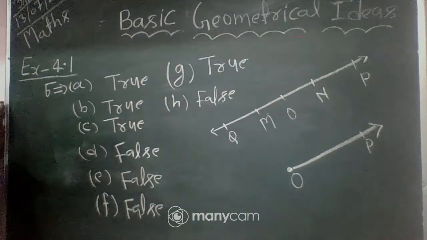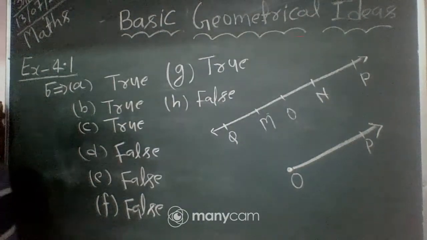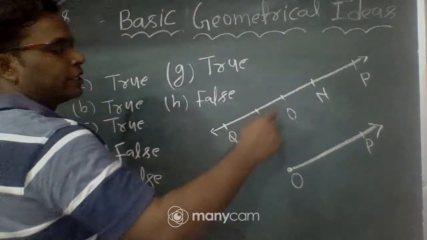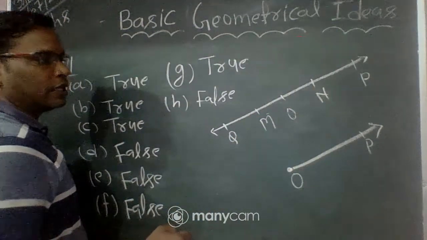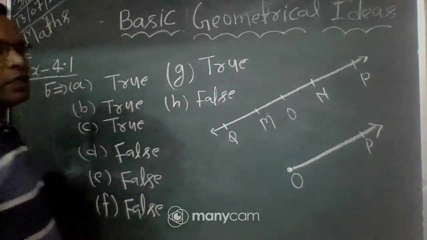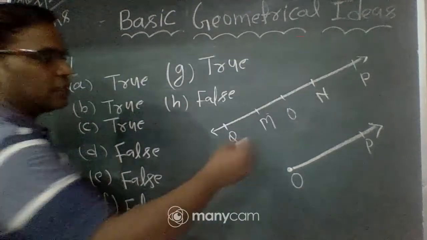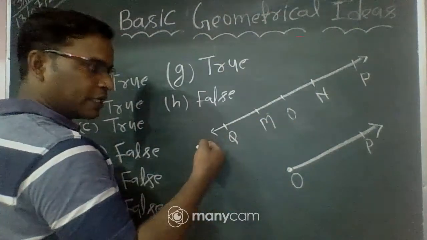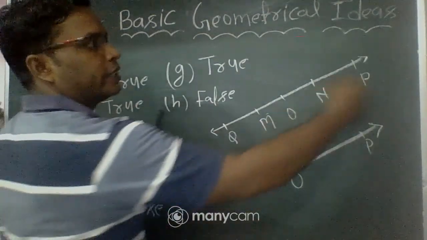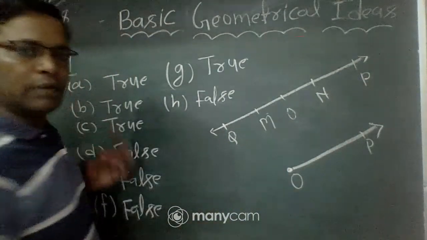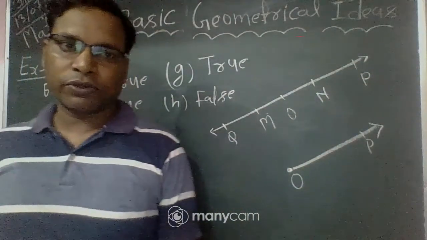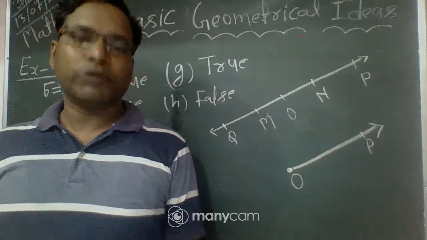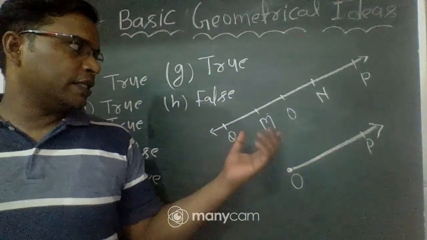Now, I part of question number 6. Ray OM is not opposite to ray OP. The question told us that ray OM is not opposite to ray OP. You can see here ray OM is in one direction and OP in the other direction. Both are in opposite directions. But the question just told us they are not opposite directions. But they are opposite directions.